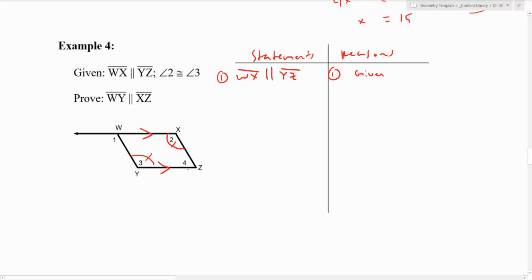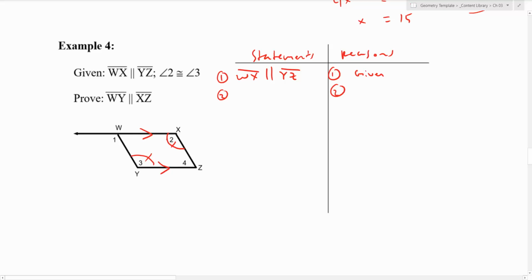Okay, all right, let's do this. Remember, we're trying to show that these guys are parallel. Let's talk about how we're going to show that. So here we've got two parallel lines and we have two transversals, WY and XZ.